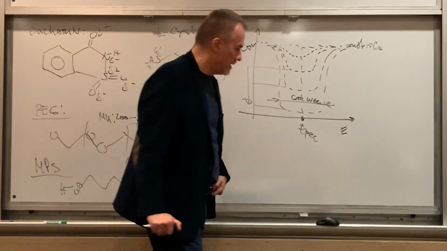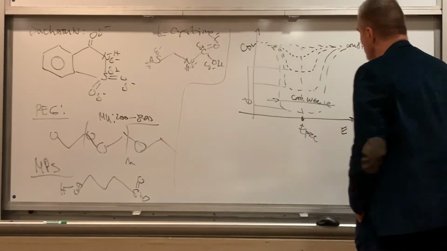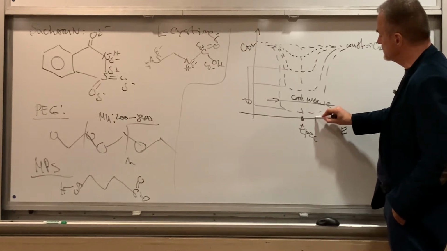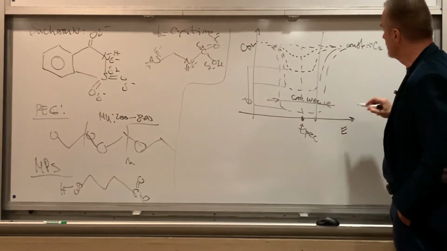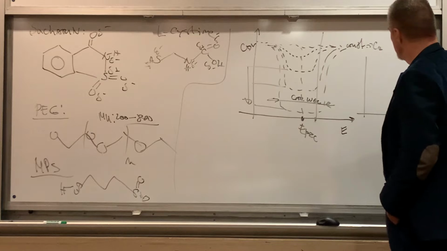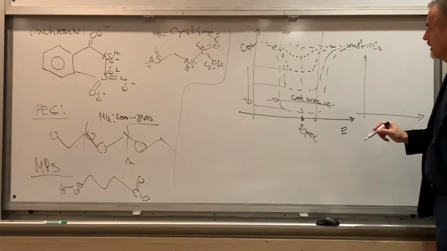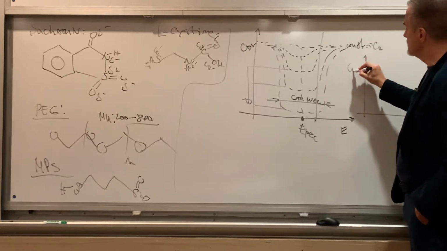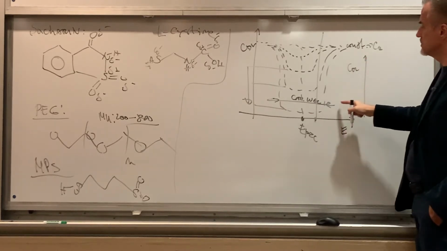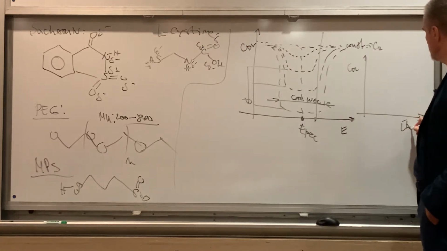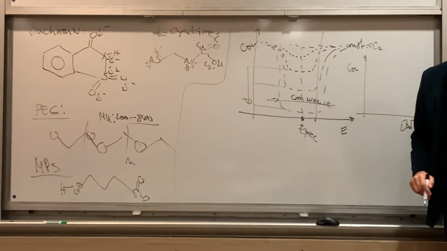If I now consider, for example, not this potential, but let's say this potential, and I now plot C double layer as a function of the concentration of the, I'm going to call this AD, of the additive.